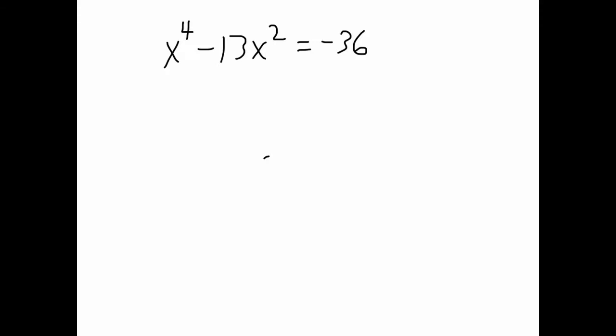So we will add 36 to both sides, giving us x to the fourth minus 13x squared plus 36 equals 0.